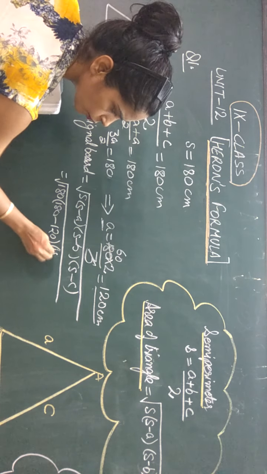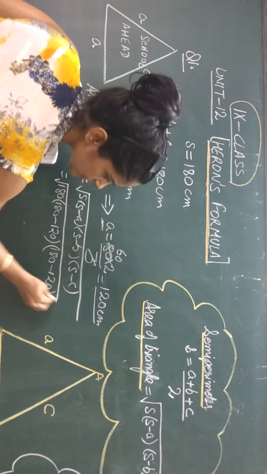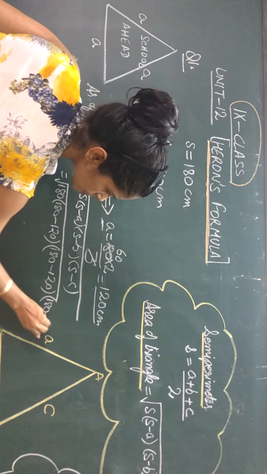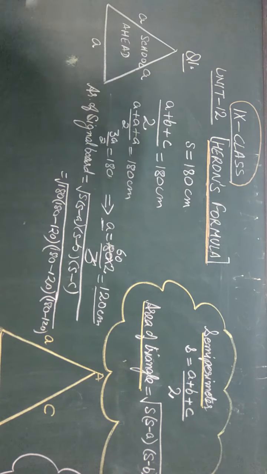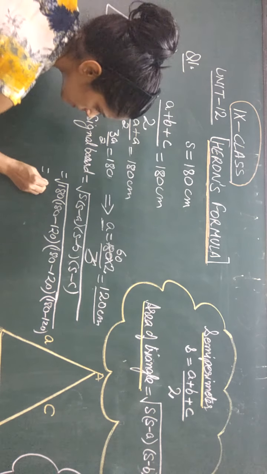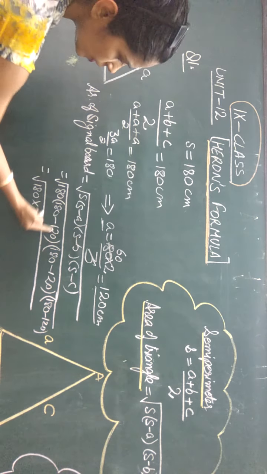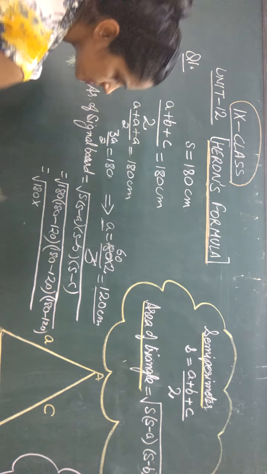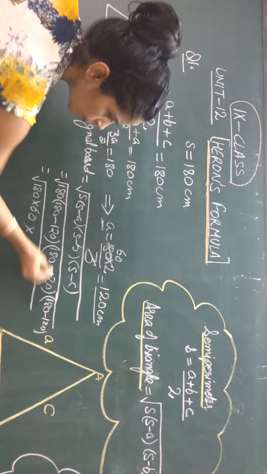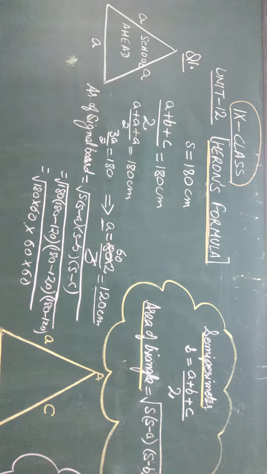Again 180 minus b, 120. Again bracket, 180 minus 120. So dear students, in this way you have to put the values in the formula. Now let us solve it. Square root of 180 multiplied by 120 multiplied by 60, again 60, again 60. And if no sign is there between the brackets, that means multiplication is there.